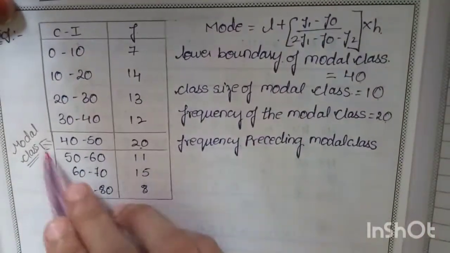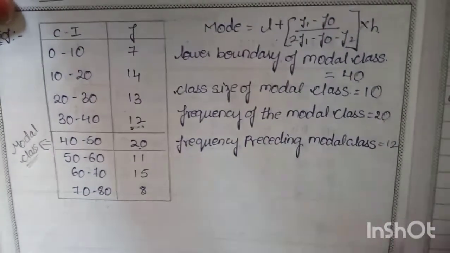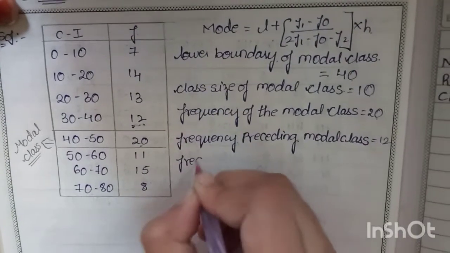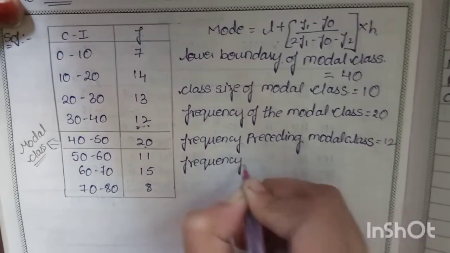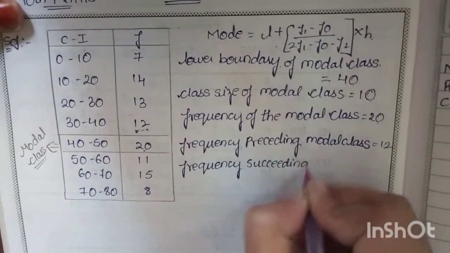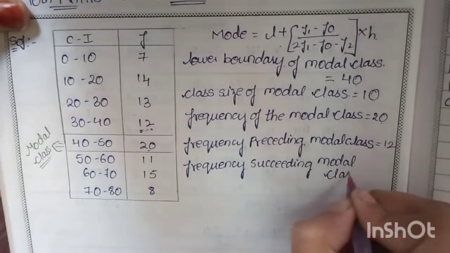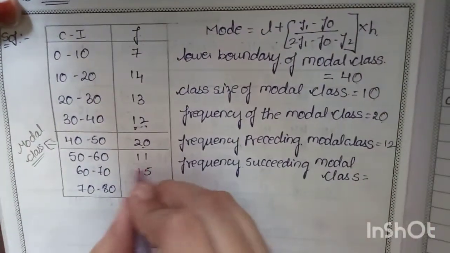So the frequency which is preceding this modal class is 12. Next, frequency succeeding modal class. It is equal to 11.